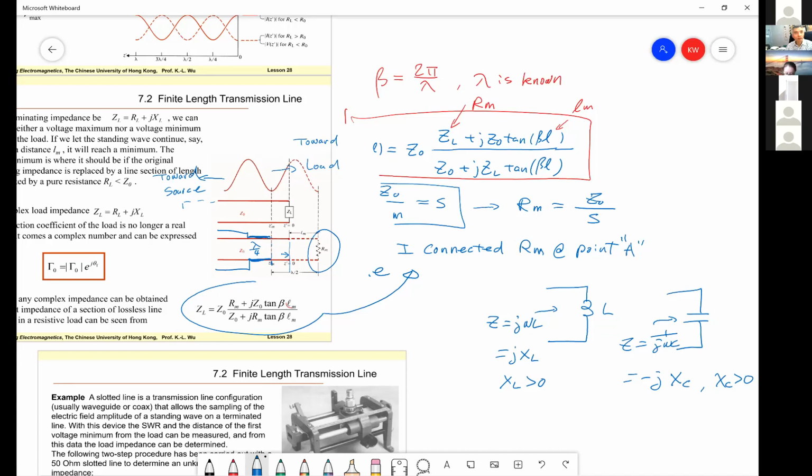Tan Xiao, can you check whether the transmission line equation is provided? Let me see.